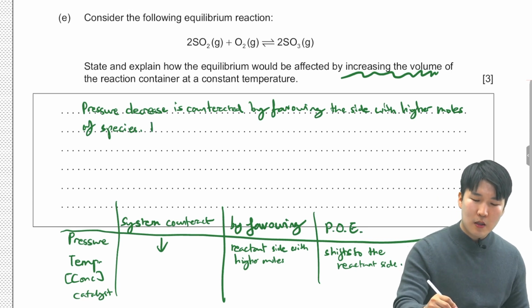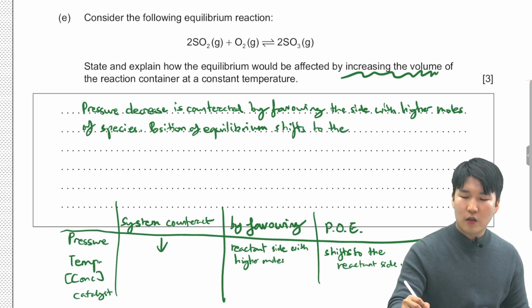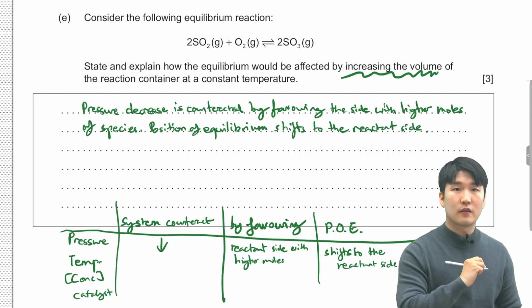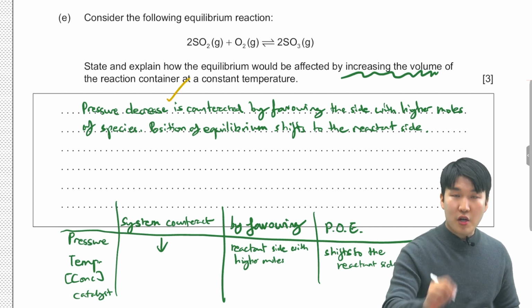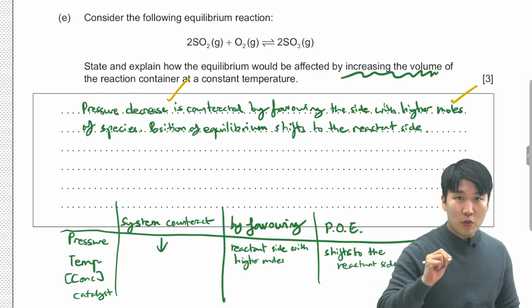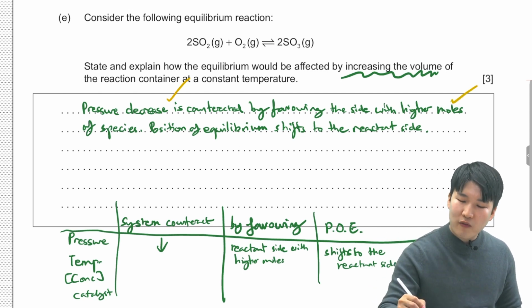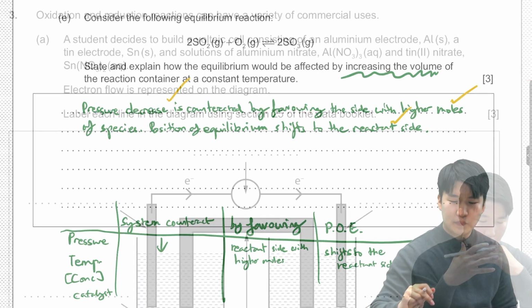As a result, position of equilibrium shifts to the reactant side. We mentioned how there is a pressure decrease, how there's the counteraction by favoring the side with higher moles, and therefore the POE shifting to the reactant side. That's how we get all the 3 full marks.